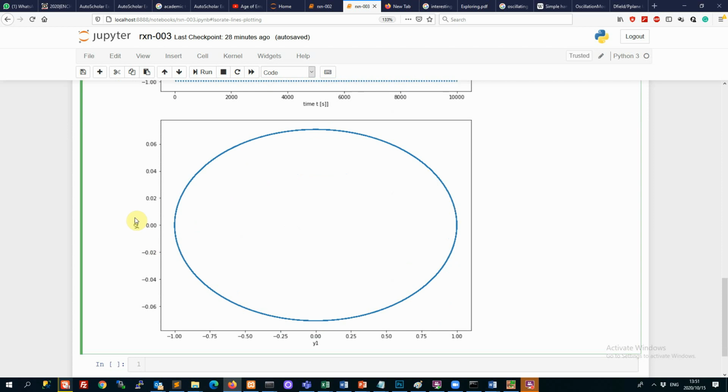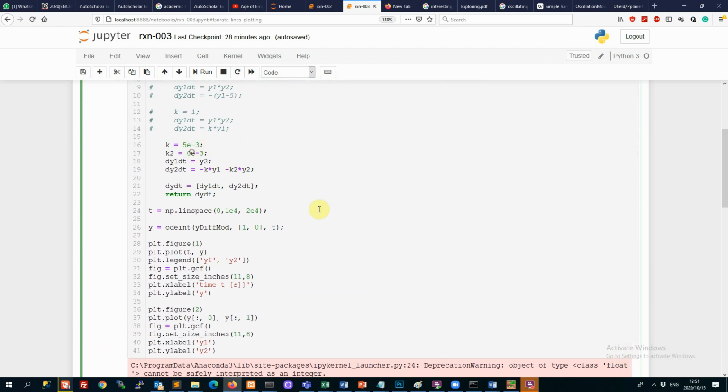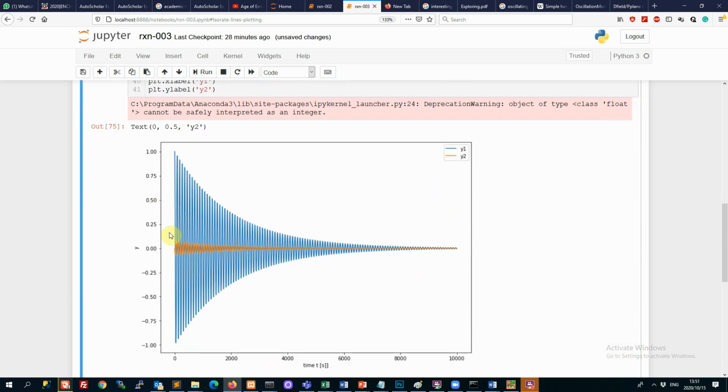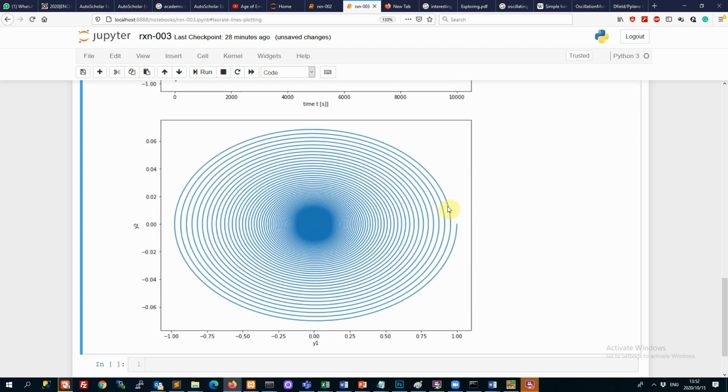So you see, on a graph like this, it's rather difficult to figure out what's going on. But if we plot the states as a function of each other, then we can think our way through how that system is behaving. And in fact, let's go back here and put back some friction. So we know in this frictional case, our system dies down to the rest state, and you can see that here now.